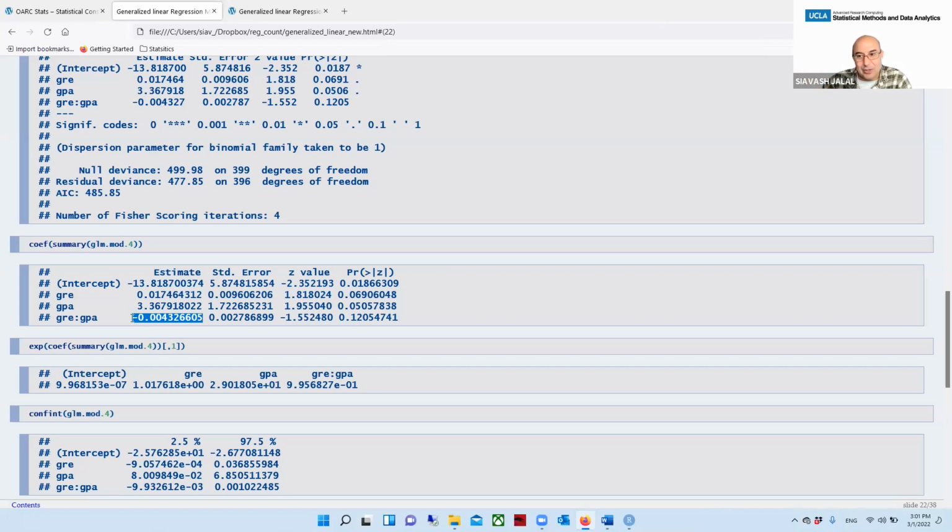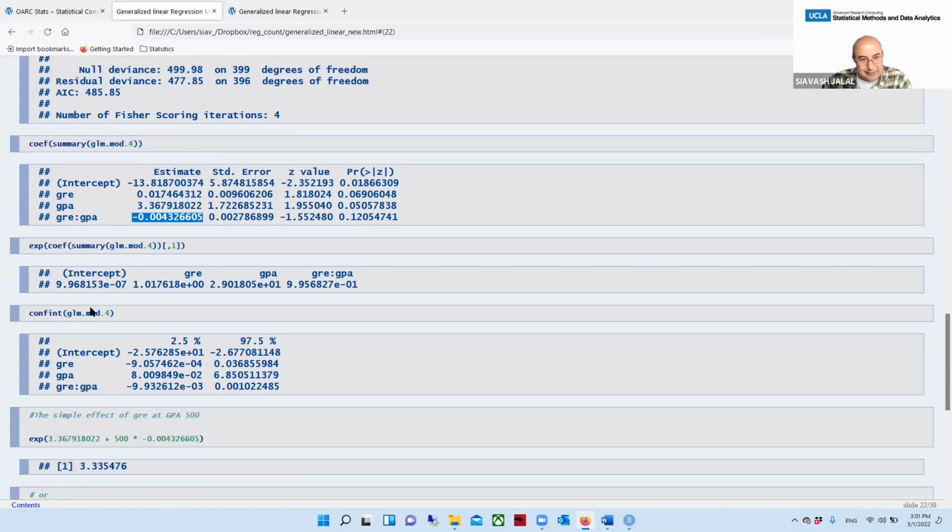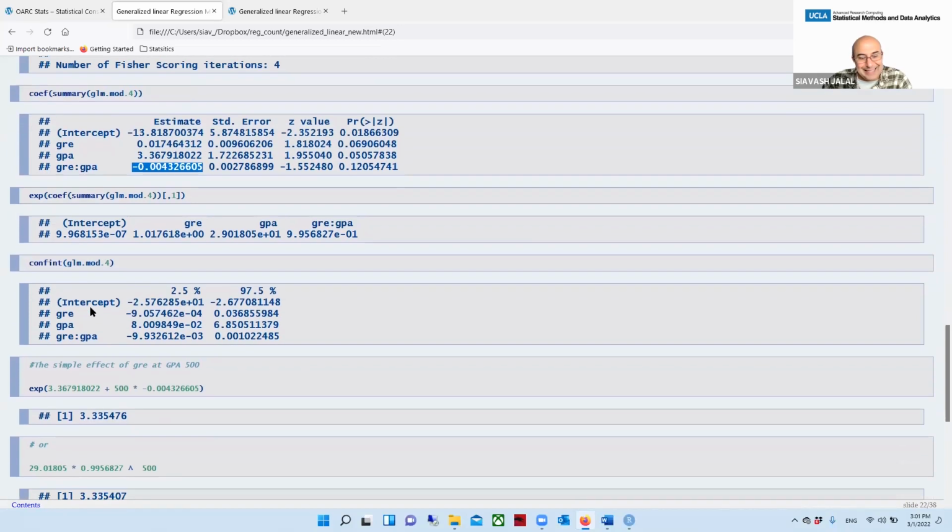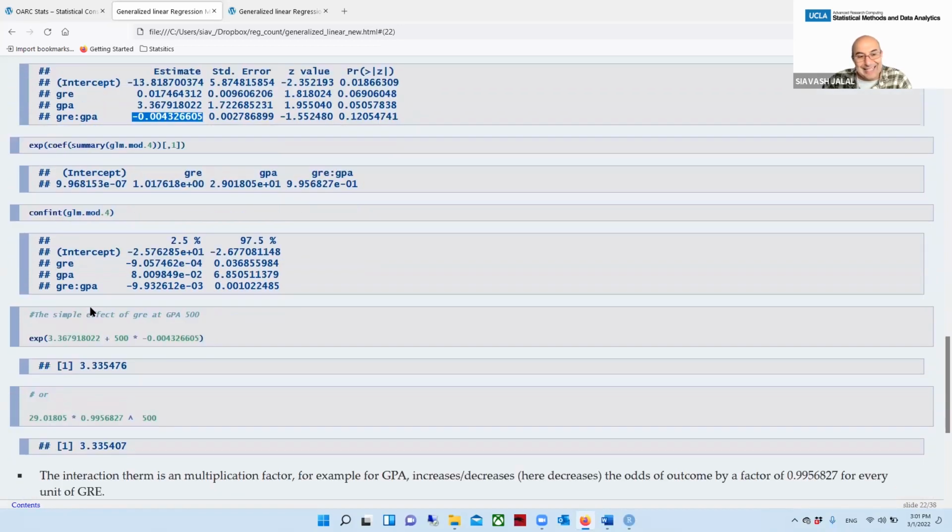So you can calculate that simple effect of GPA for a given value of GRE this way. Here it's a little different, it's kind of multiplicative.